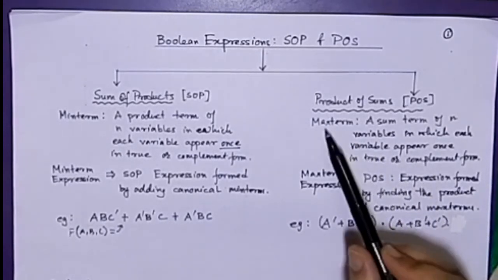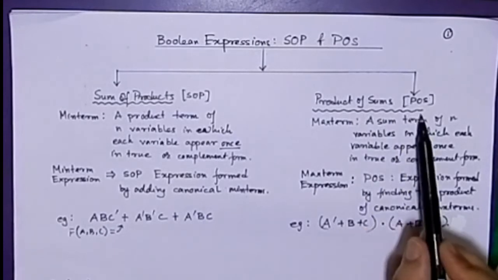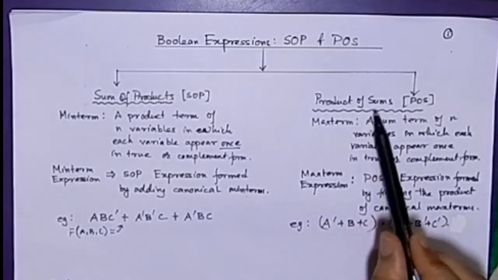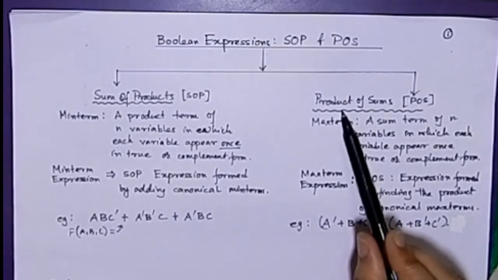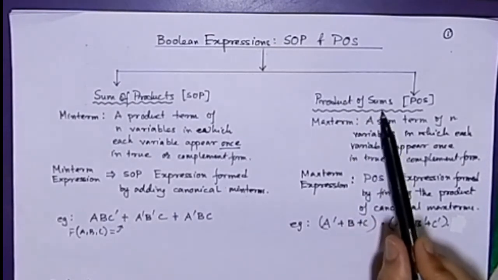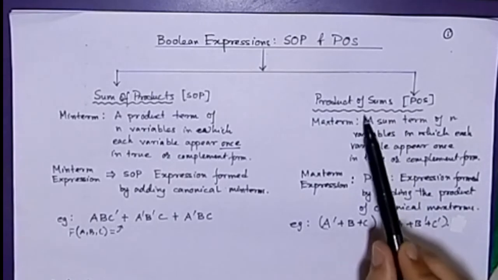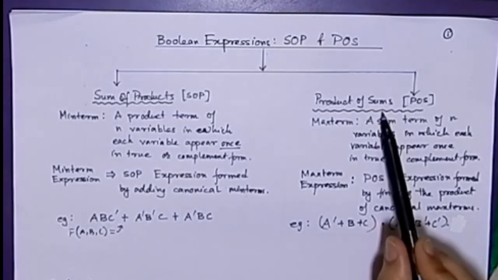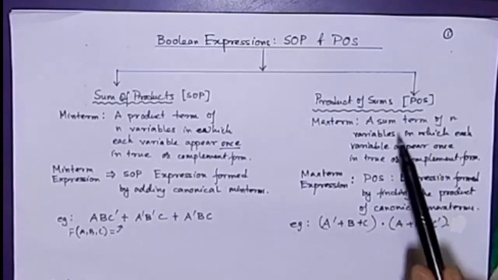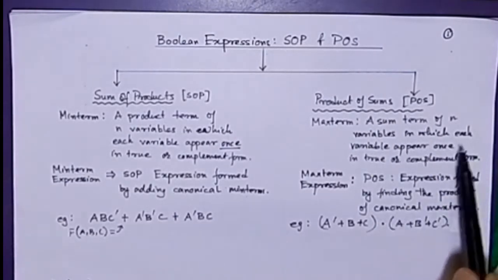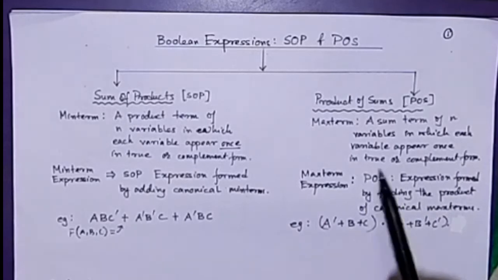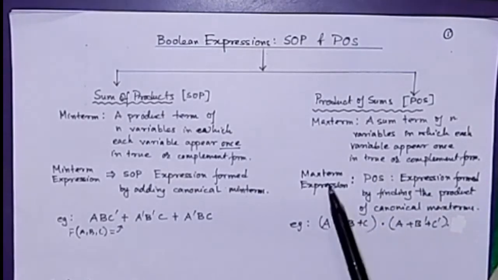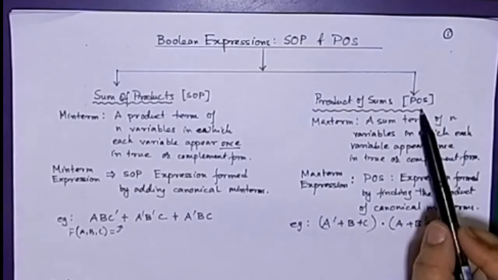Now let us come to product of sums. Now in product of sums, again from the name itself, it is an expression where you have multiplied, or you have found the product of several terms which are sums of the variables. A sum term of n variables in which each variable appears once, in the true or complement form, is called the max term, and the max term expression is the POS expression.